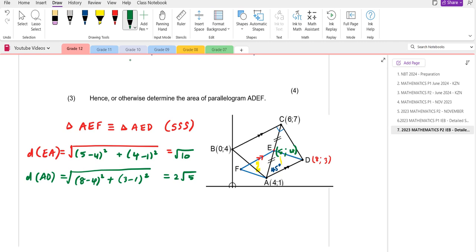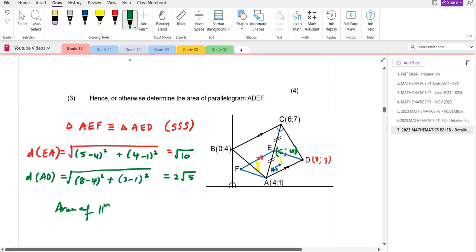So now the area of parallelogram ADEF is equal to 2 times half AE, which is root 10, times 2 root 5, which is AD, times sine 45.